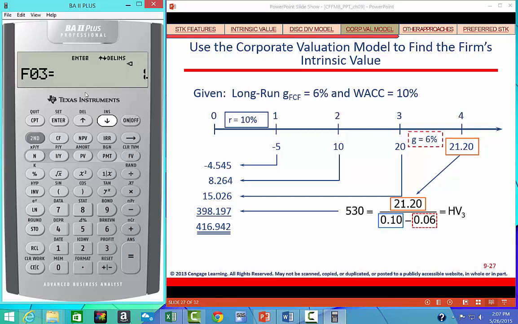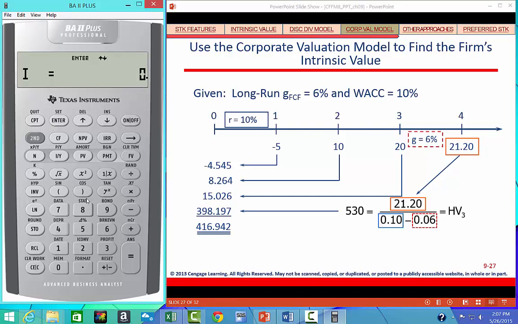Oh, whoops, I'm sorry. I forgot to add the 20 and the 530. It's good that I made this mistake so you can see this and not make this mistake on your own. So cash flow 3, remember we had to add 20 and 530, so we'll have 550. So 550 is what cash flow 3 should be. I just overwrote that number.